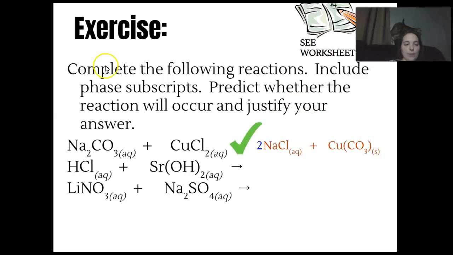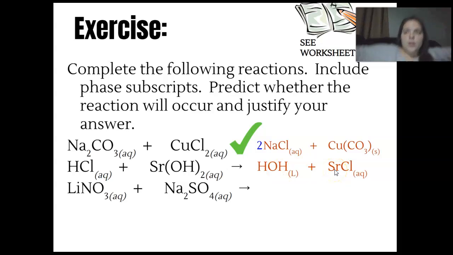Let's look at this next one. We've got hydrochloric acid and strontium hydroxide. All right, we're going to switch the metals or the positive cations in this case. So hydrogen is going to replace strontium, and I'm going to get HOH, and then I'm going to get strontium chloride. Now you're going to be like, hey, Miss Co, you put a liquid down. You didn't put aqueous. Remember what I told you about HOH?